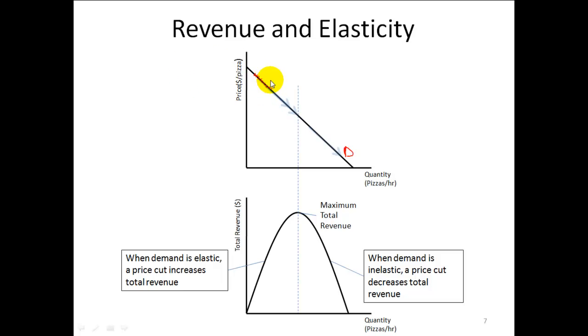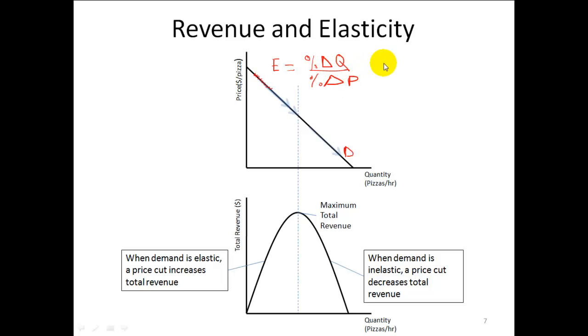In this region, the elasticity is going to be high. Why is that? Go back to your relationship for the elasticity of demand. As we've seen before, elasticity of demand is equal to the percentage change in quantity divided by percentage change in price.